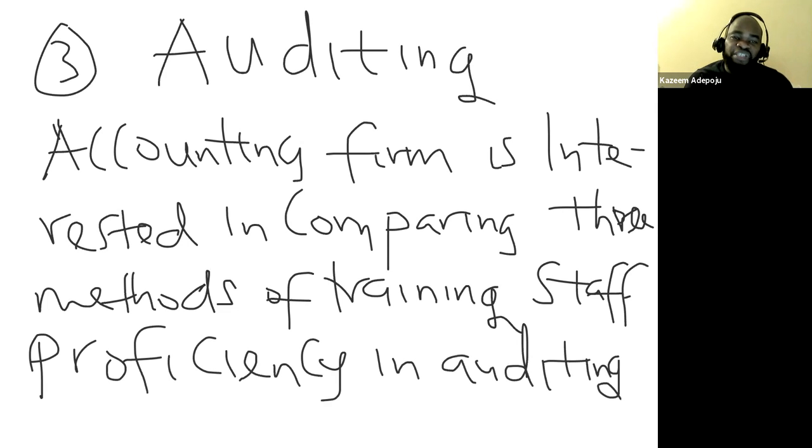Proficiency in auditing is the response, because they want to train statistical auditors, and they are considering three methods. At the end of the day, they want to compare the proficiency in auditing across the levels of the training.